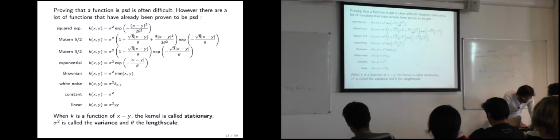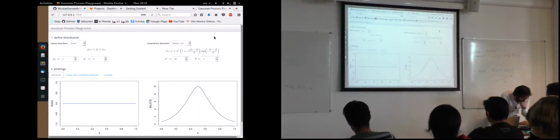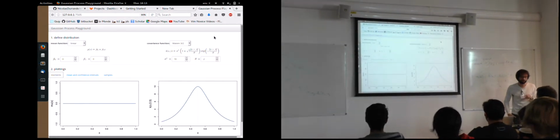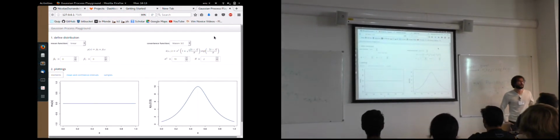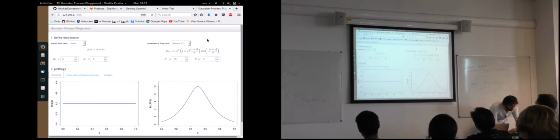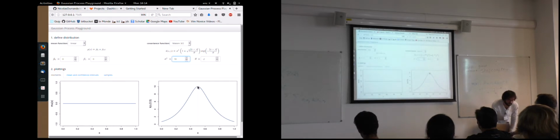And so I have a short demo, but normally you've already seen that during the lab session. What happens when you change the value of this sigma parameter and the value of this length scale parameter? So if you change sigma, I'm not sure, can you read these parameters or not? Here the value of sigma squared is equal to 10. So you can see it's the value of the kernel here.